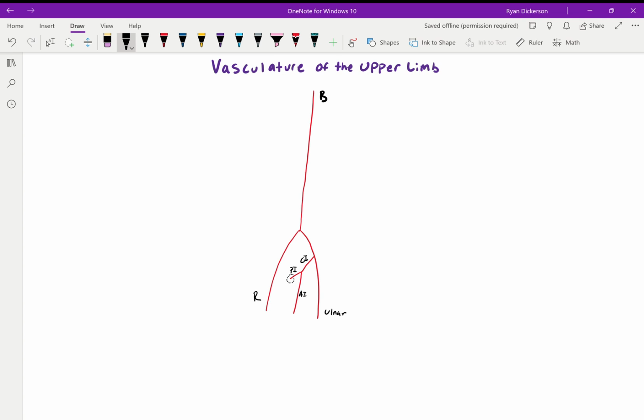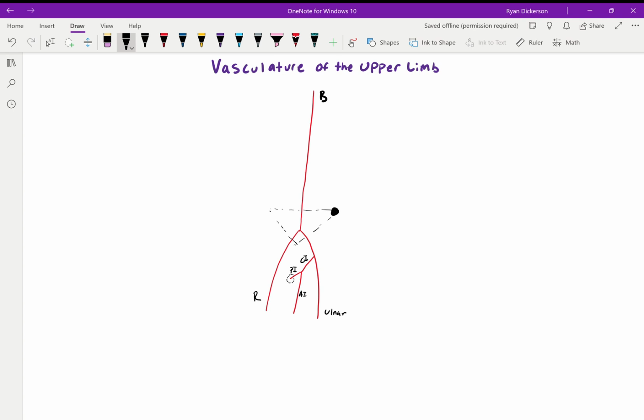So it's piercing the interosseous membrane and running posteriorly. Now it's important to remember that as the brachial artery enters the forearm, it is bifurcating initially within the region of the cubital fossa, which I'm going to draw here as this triangle. Remember that the medial border of the cubital fossa is going to be the medial epicondyle, and that will become important in just a second.